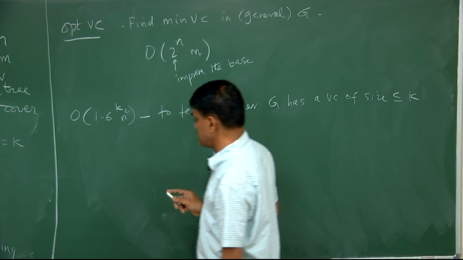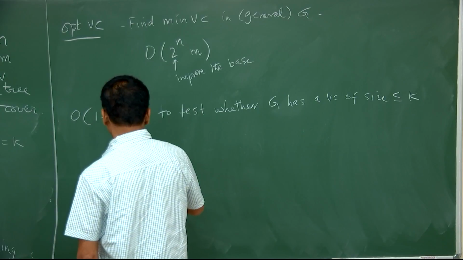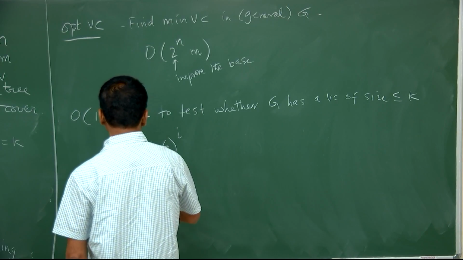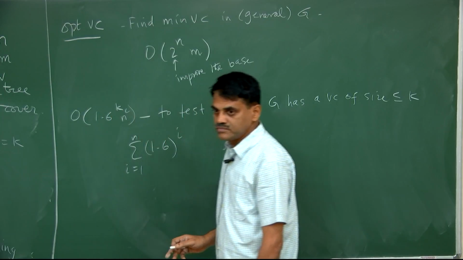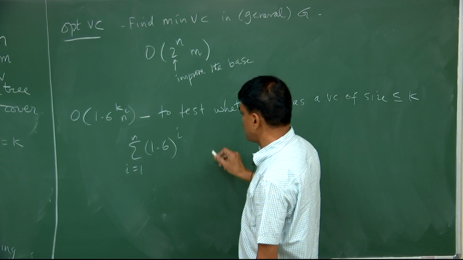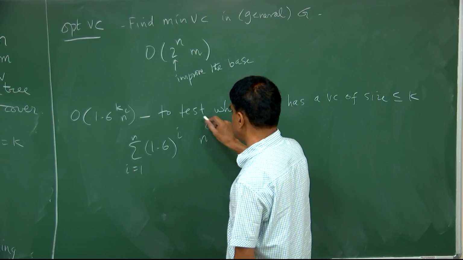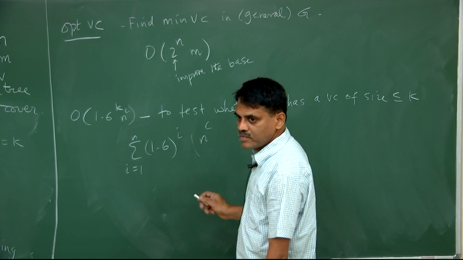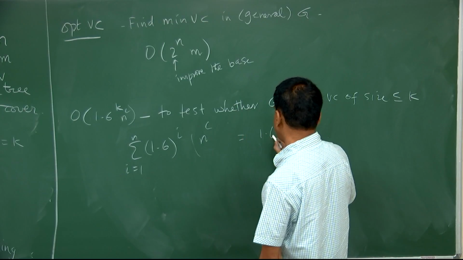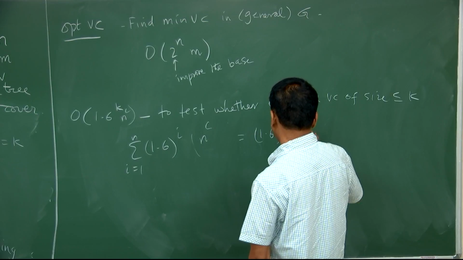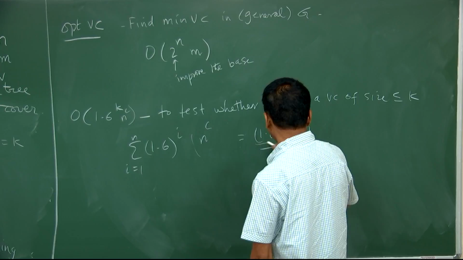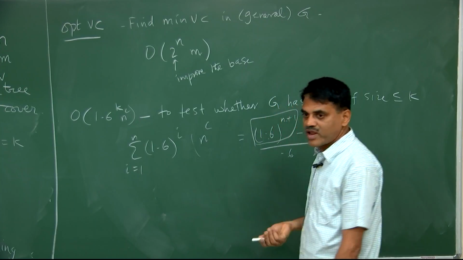So what is the running time? It will be the summation of 1.6 power i, even if you go all the way up to n. It's a geometric series, right? I'm ignoring the n to the c term. If you ignore all of that, this is basically 1.6 power n.